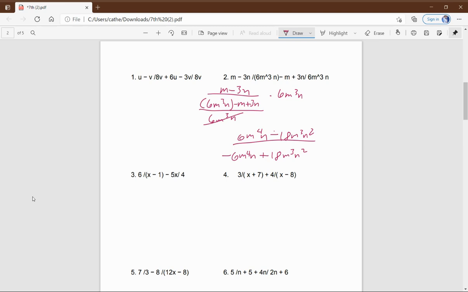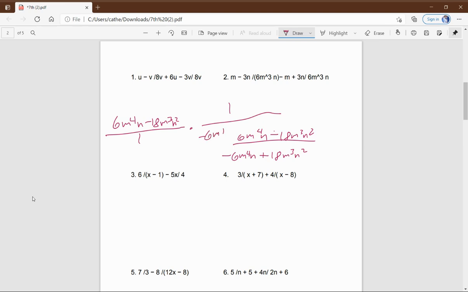Okay. How about we do it like this? 6m4n minus 18m3n squared. Okay. Now multiply that by 1 over negative 6m4n plus 18m3n squared.